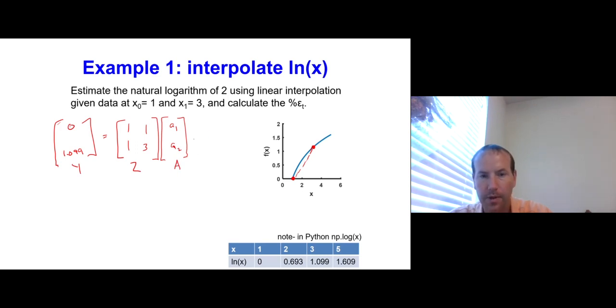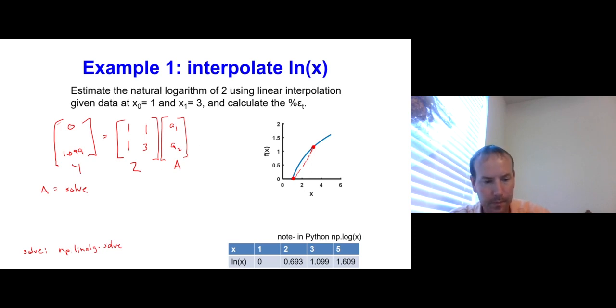Those are the unknowns that we're solving for. So we're going to solve this linear system. I'm going to say A equals solve, but remember in Python it's np.linalg.solve.